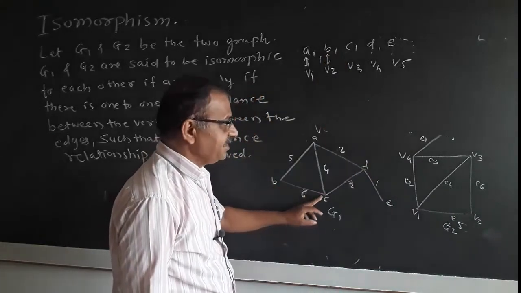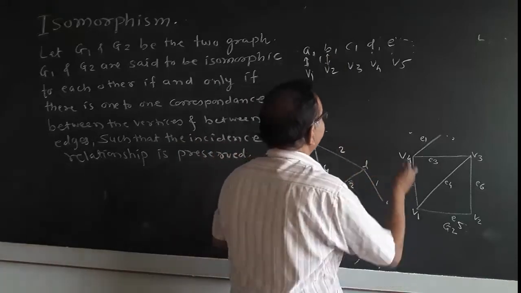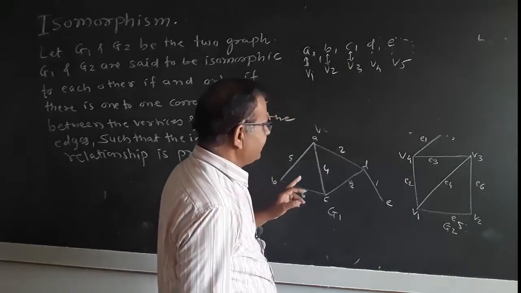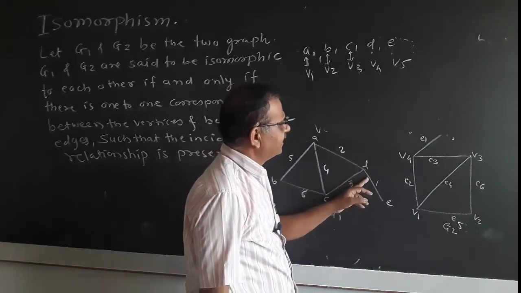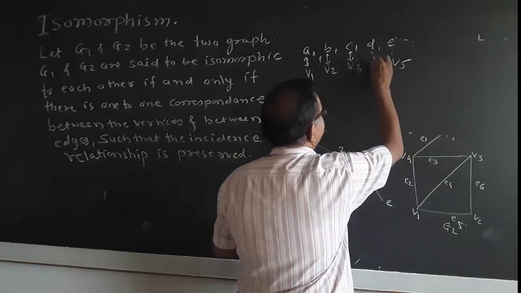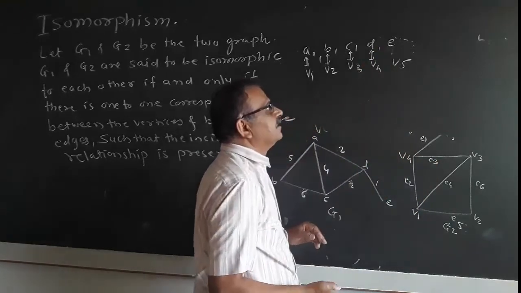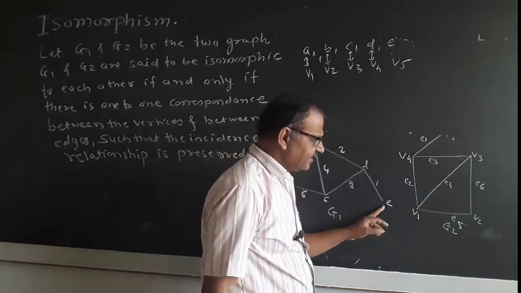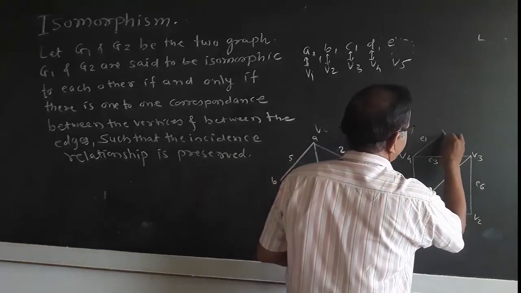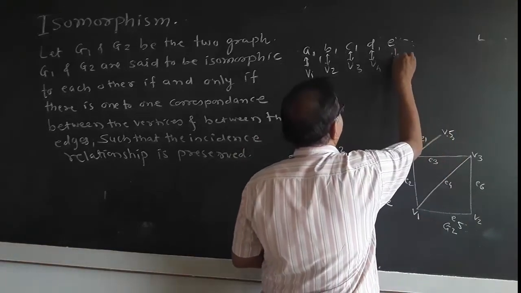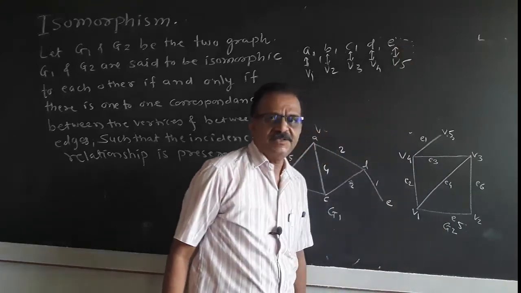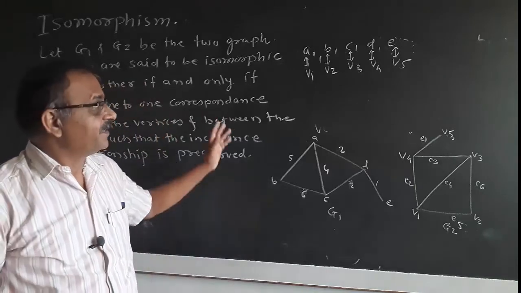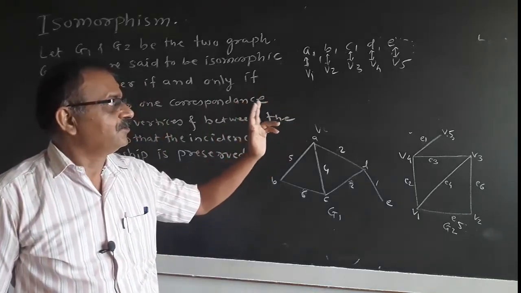The degree of C is 3 and of V3 is 3, so C is related with V3. The degree of D is 3 and of V4 is 3, so D corresponds with V4. E is a pendant vertex with degree 1, and the degree of V5 is also 1, so E corresponds to V5. Thus, the vertex correspondence is A, B, C, D, E to V1, V2, V3, V4, V5.